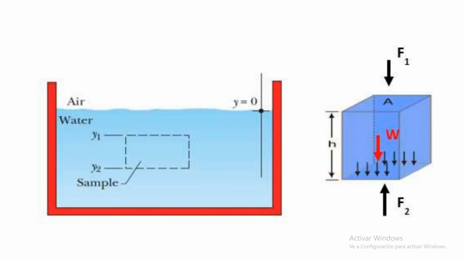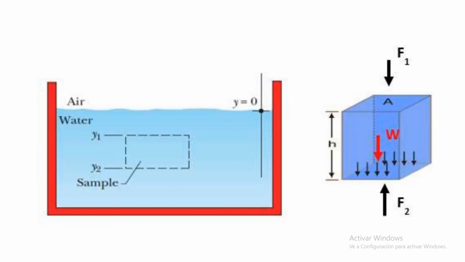But when we only want to know the pressure vertically, therefore we don't care about the horizontal axis, we can reduce it enough in order to make a very useful formula. So for example, here we have a sample, in this case of water in the pool, which is below also some air.